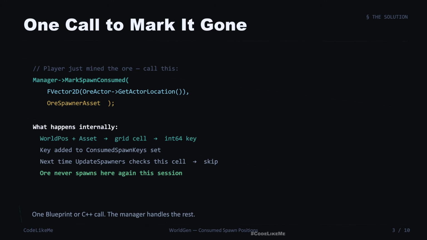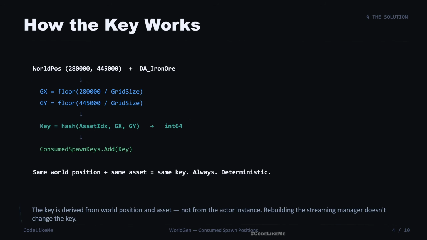So for this session we will never spawn this particular item here again. You can use the same function within Blueprints and also within C++. And this is how the key works.